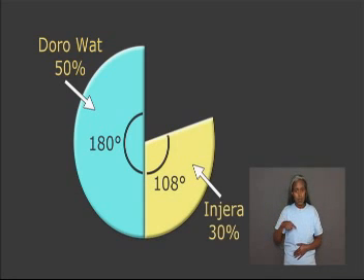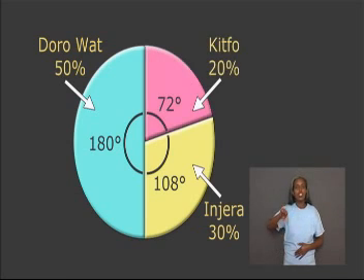We draw another line and label the larger portion injera and the smallest portion kitfo. Even if you did not have access to the actual numbers, you could easily see that half the people surveyed prefer dorowet over any other food.